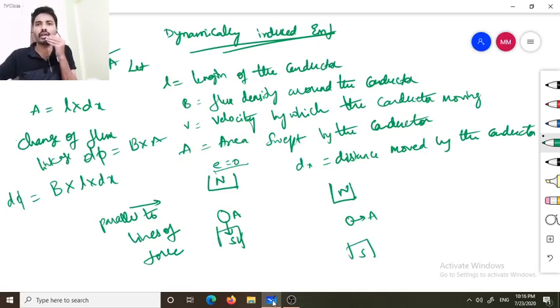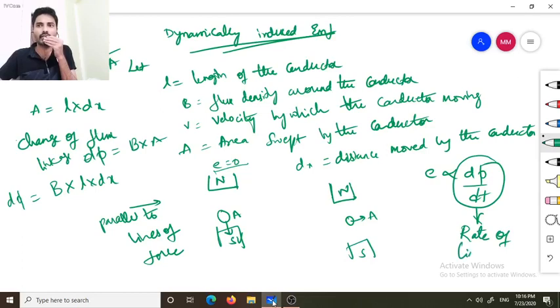Now according to Faraday's second law, the magnitude of induced EMF is directly proportional to the rate of change of flux linkage. E is the EMF value.